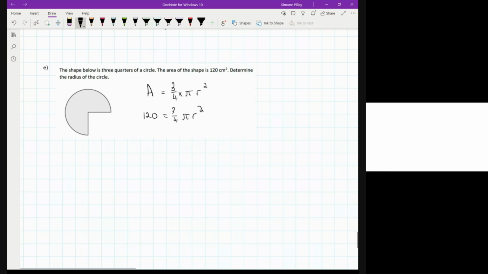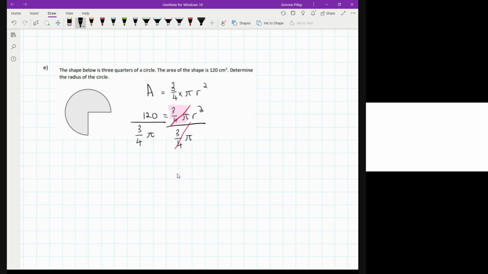First things first, I need to get rid of this 3/4 of pi. So I'm going to divide by 3/4 pi, and I'm going to divide this side by 3/4 pi. What happens is this multiplication and division cancels out.